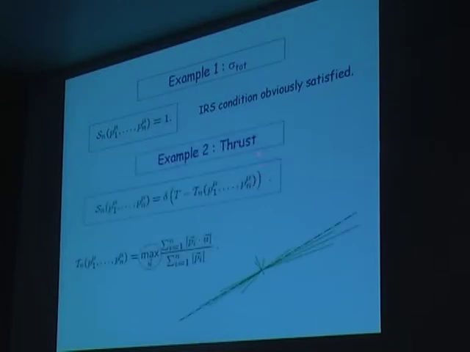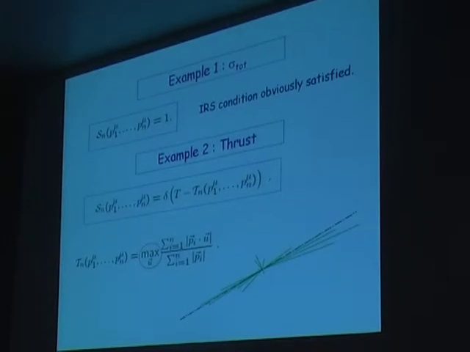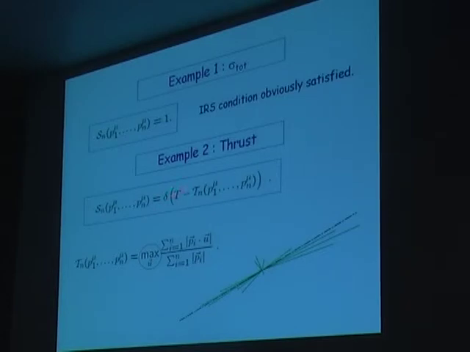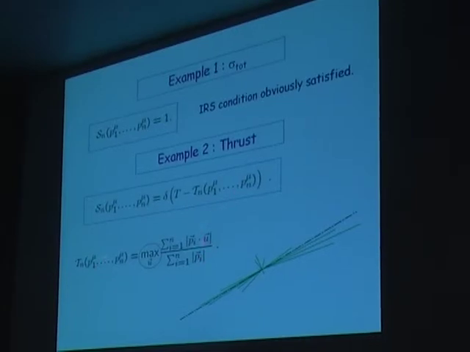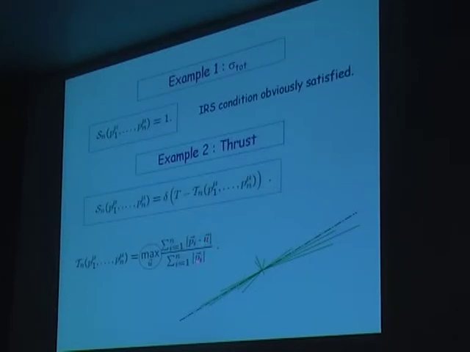The next one is the thrust, which is not the first shape parameter introduced, but it's now the most often used one. Its definition goes something like this, which I won't elaborate. As you can see, our time slips pretty fast. This is the thrust parameter, which is defined in terms of a set of quantities like this, which in turn is defined as the projection of the produced particles dotted into a unit vector divided by its magnitude.